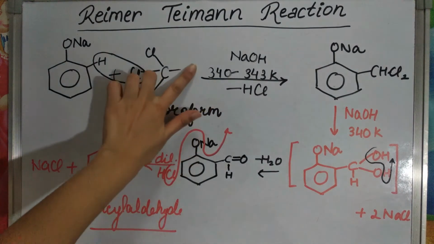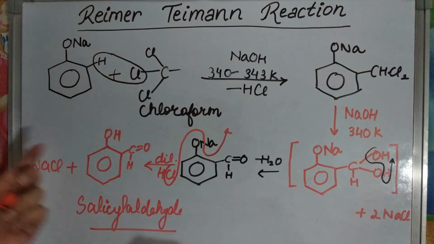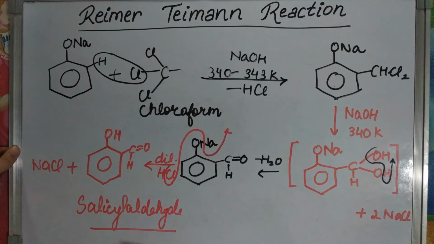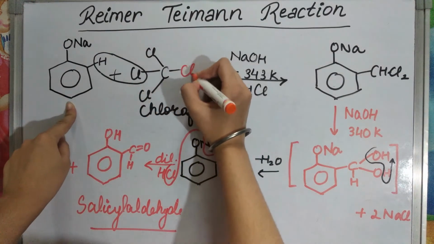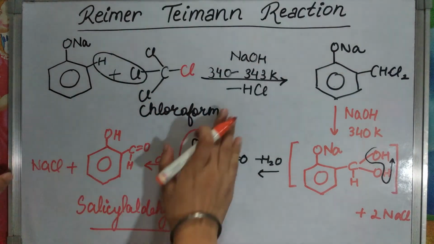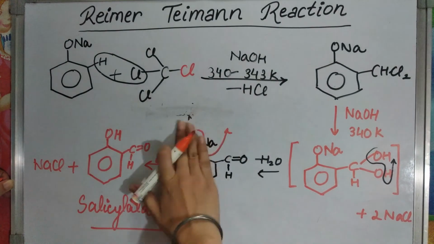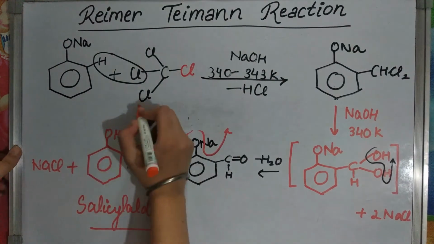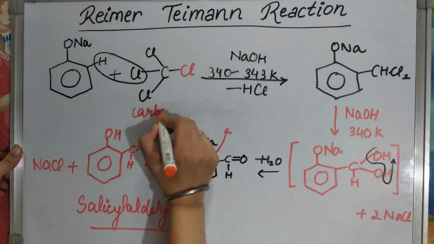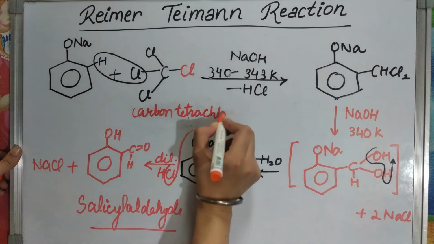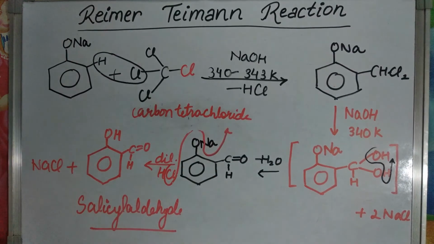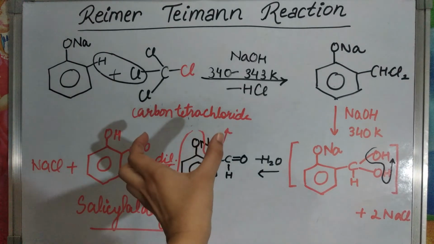Now, to make carbon tetrachloride from chloroform, just remove this hydrogen and put one chlorine here. So this becomes carbon tetrachloride. Right? So this is carbon tetrachloride.